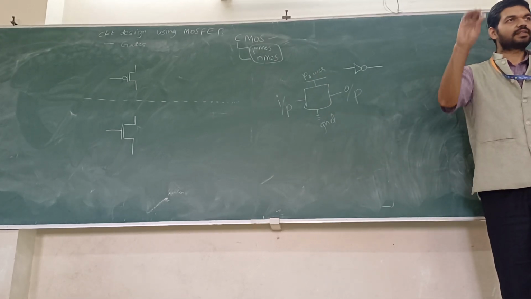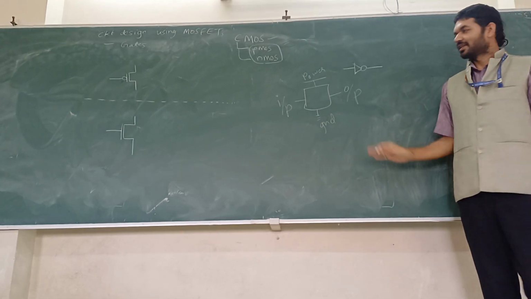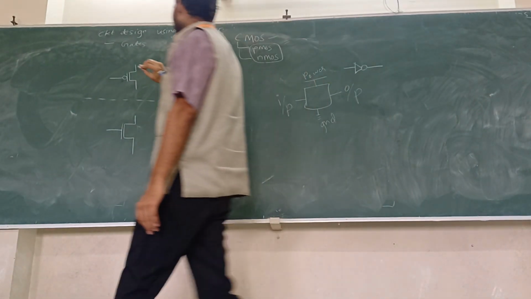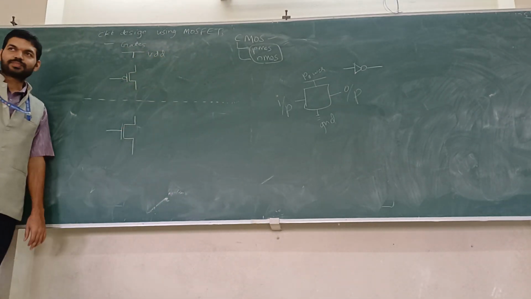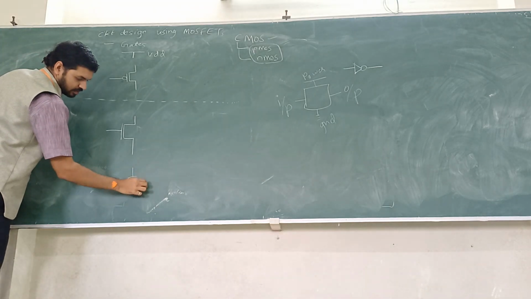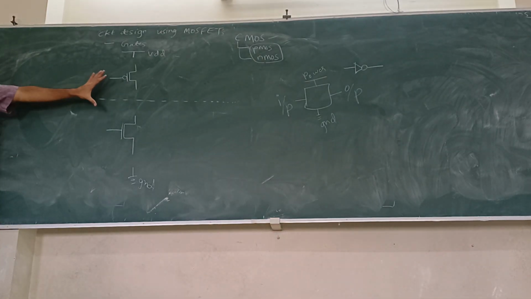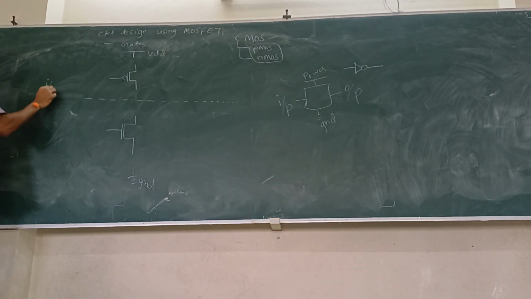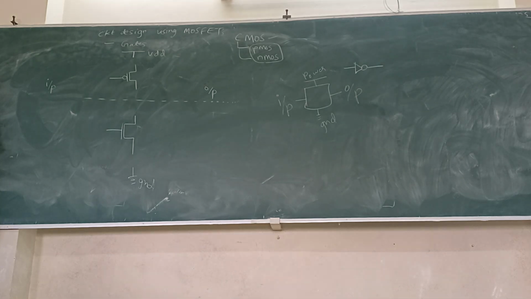You take any circuit, at the top we have VCC, VDD, and at the bottom we have ground. The same way here also, we have VDD at the top, ground at the bottom, inputs at the left hand side and output at the right hand side. Clear? Next.